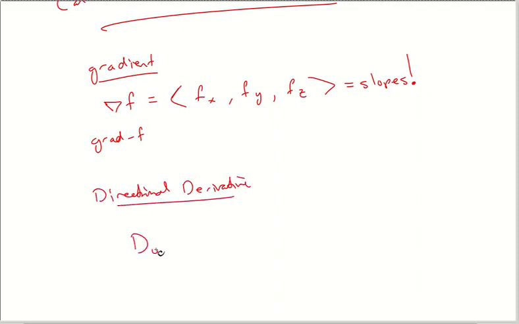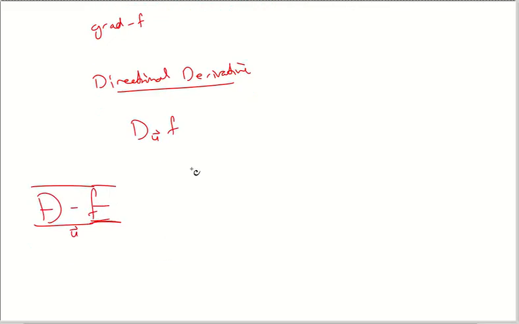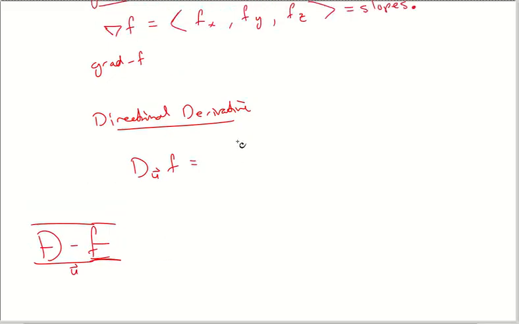Capital D, subscript U, of F. So this is equal to grad F at P dot U vector divided by magnitude of U vector.